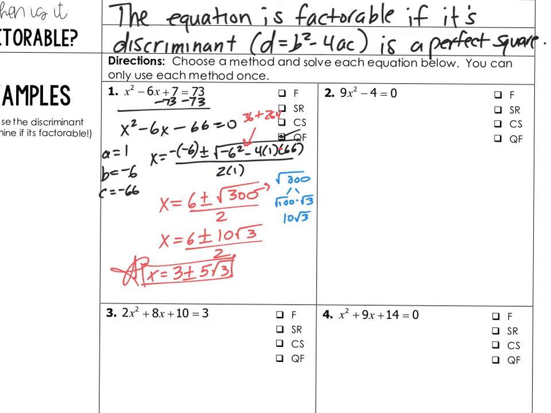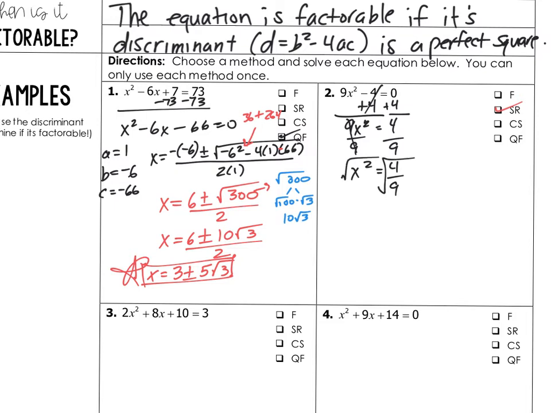All right, number 2, no bx term. This should be square root. Let me switch colors. Going to add 4 to both sides. 9x squared equals 4. Got to divide by 9 because we're trying to isolate the x squared term. X squared equals 4 divided by 9. Don't have to simplify it. Just leave it like that.